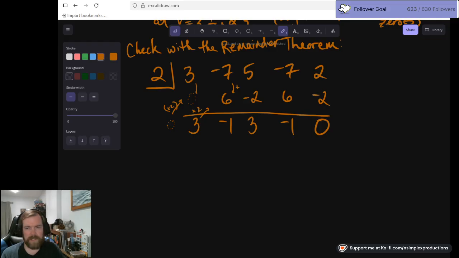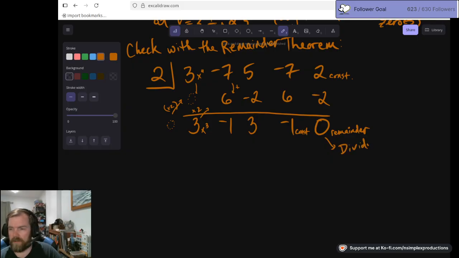That's what we want, because we started with x to the 4th, and this was a constant over here. When we divide out by one of our x's, this is now going to become x cubed, and then this is going to be our constant here, and this is going to be a remainder. Because the 0 is a remainder, it divides evenly.